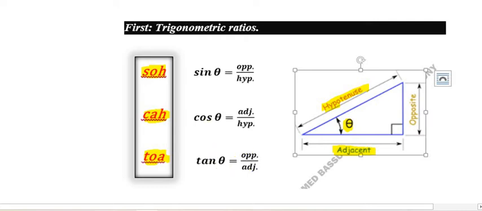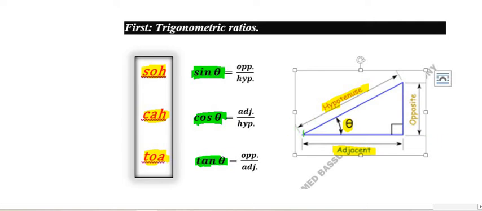And these three ratios, we call them the basic trig ratios: sine, cosine, and tan of the angle. So SOH CAH TOA can remind you what is the sine, cosine, and tan of any angle.